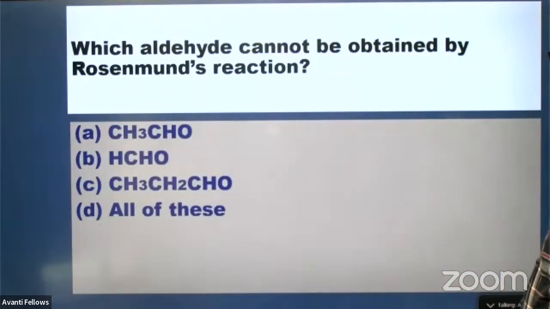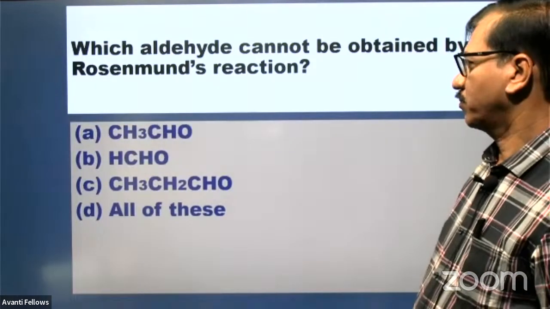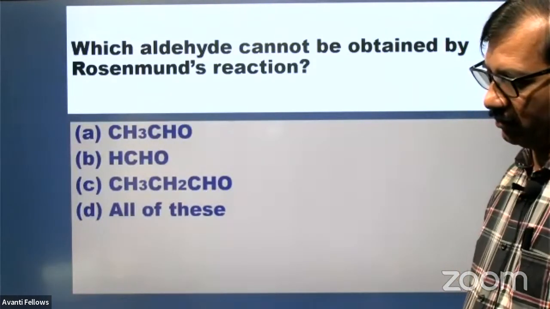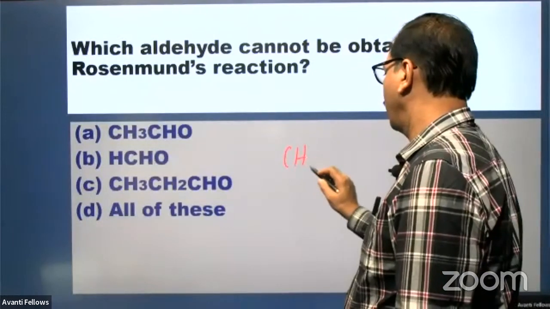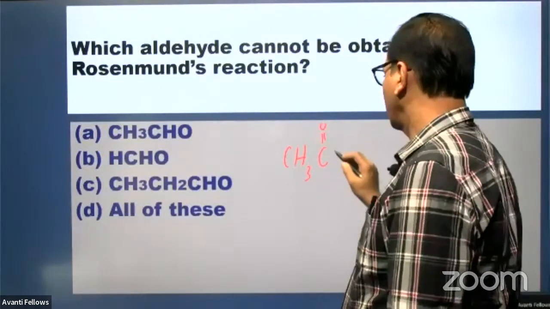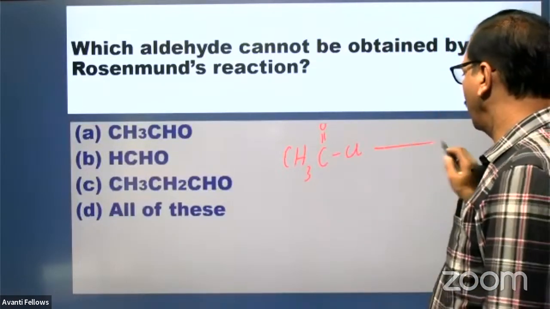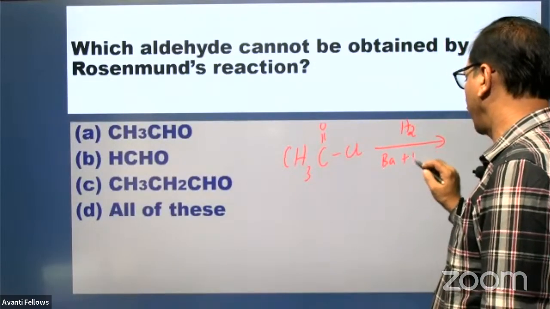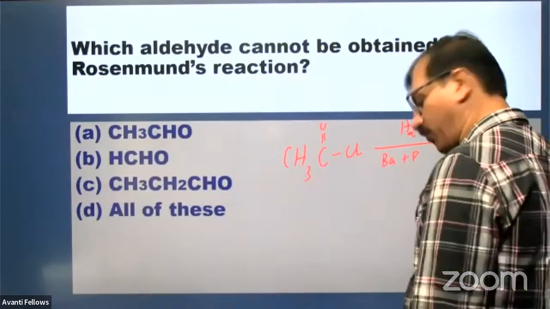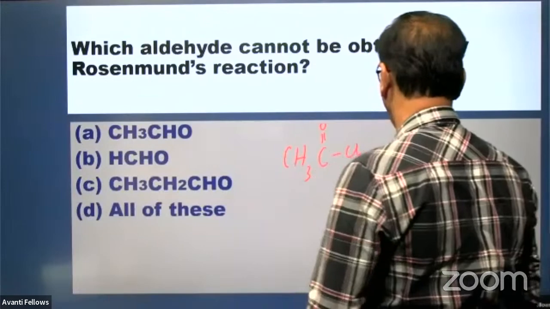Which aldehyde cannot be obtained by Rosenmund reduction? Option B, sir. Rosenmund reduction uses acyl chloride, hydrogen, and palladium with barium sulfate.